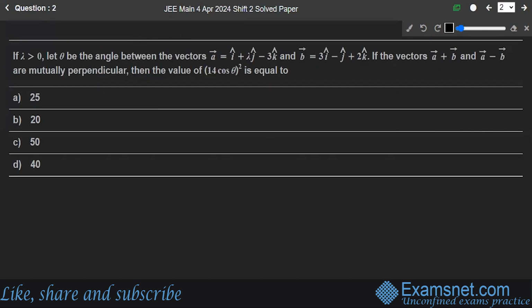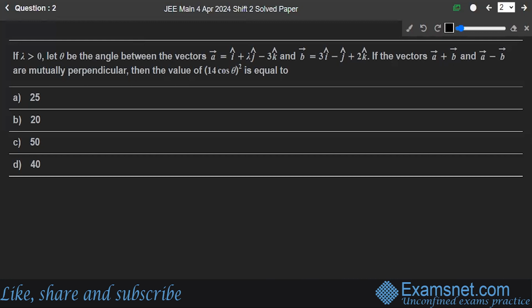Question number 2. If lambda is greater than 0, let theta be the angle between the vectors a and b. If the vectors a plus b and a minus b are mutually perpendicular, then the value of (14 cos theta) whole square is equal to. One thing you are given is that theta is the angle between these two vectors.